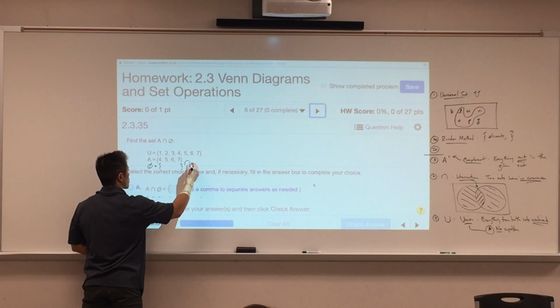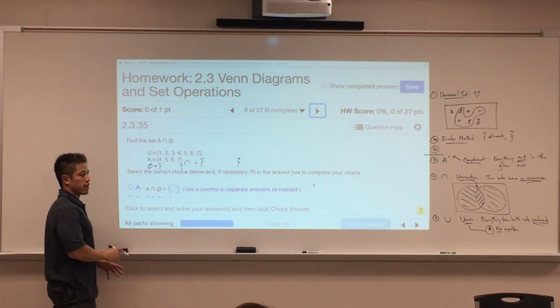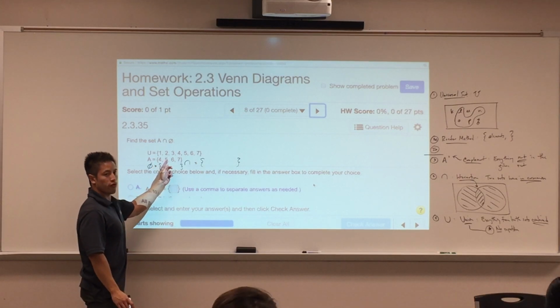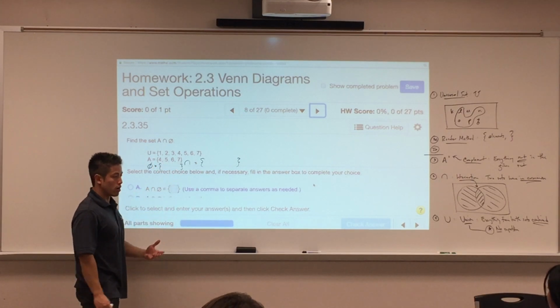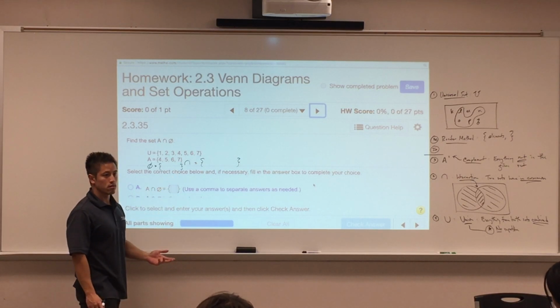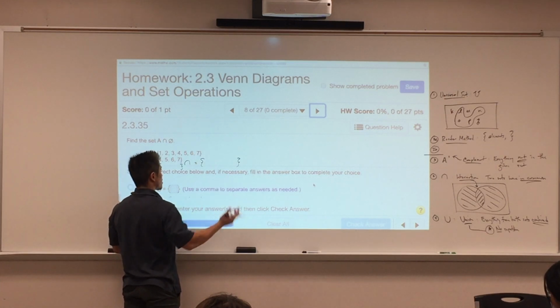If we want the intersection, we are asking for what they have in common. Is that, again, the whole set 4, 5, 6, 7? No, they don't have those in common. What do they have in common? Nothing. In other words, they have the empty set in common.